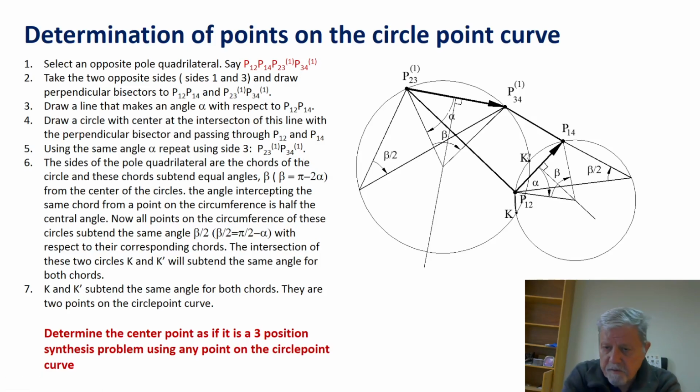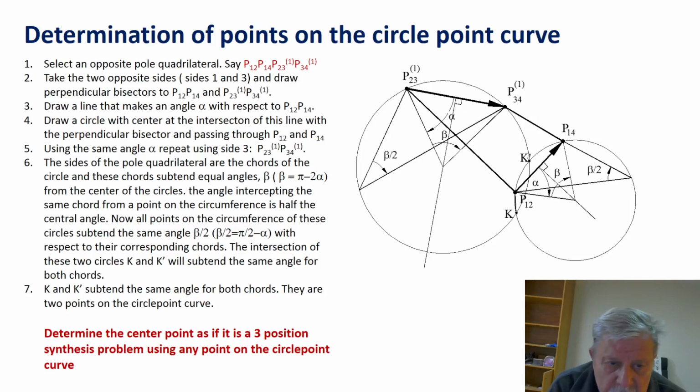Here is the procedure. You select an opposite pole quadrilateral. For example, in here, P12, P14, P231, P341 is one opposite pole quadrilateral. The opposite poles are P231, P14, P341, P12.